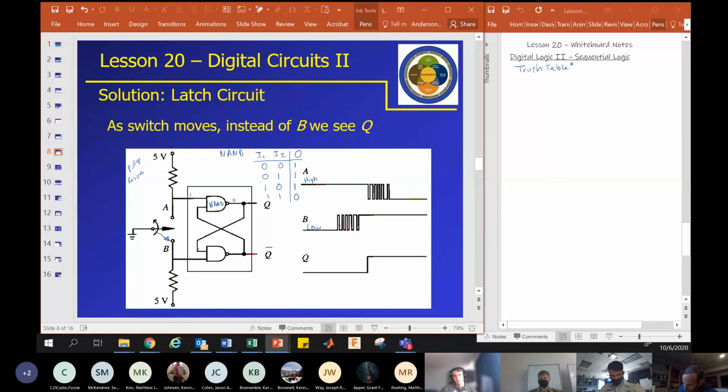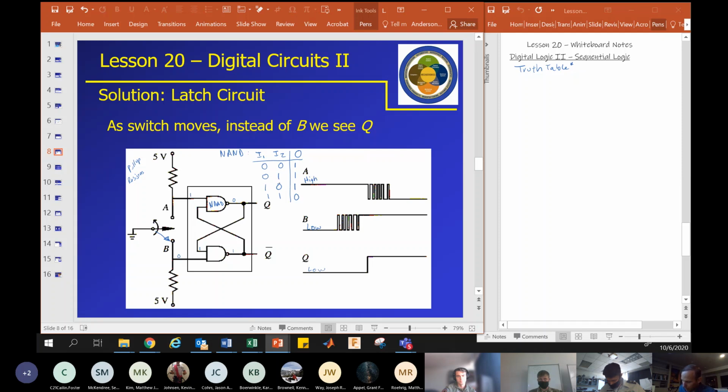So that means this must be a 1 over here. And this is low. So if we have 1, 0 on our input, this output must be 1. And so we have 1, 1 on this input, so its output is 0. Okay, so A starts high and Q starts low.